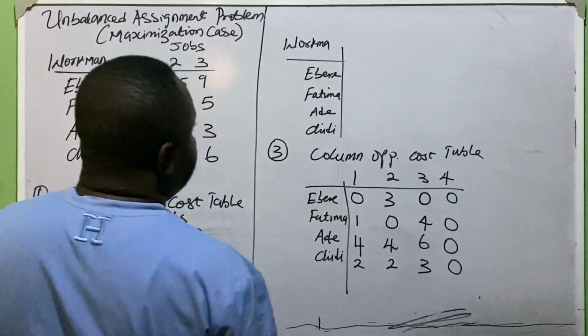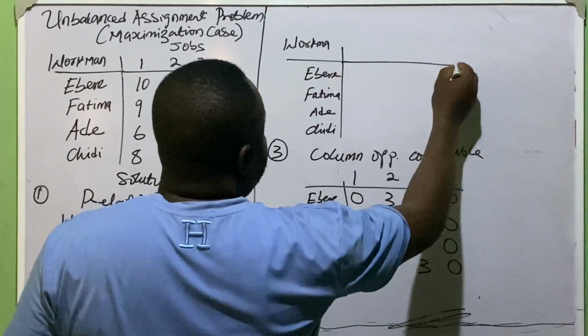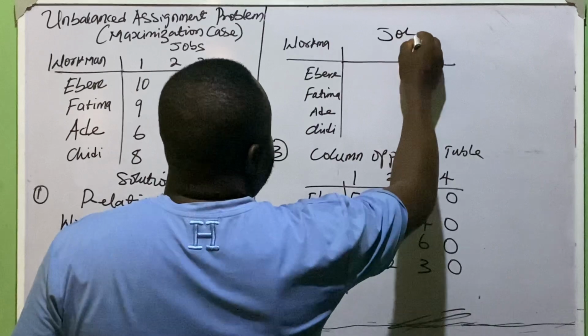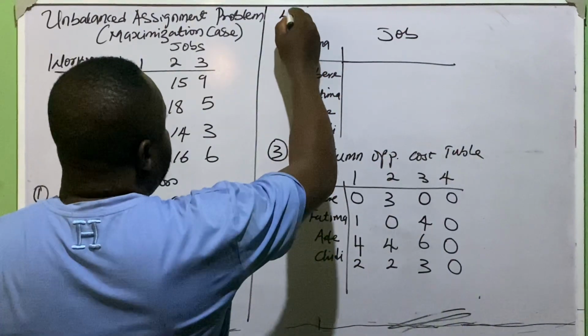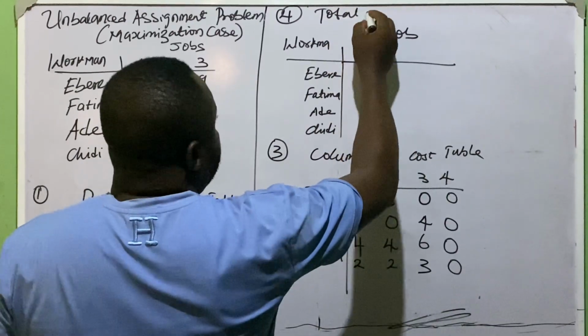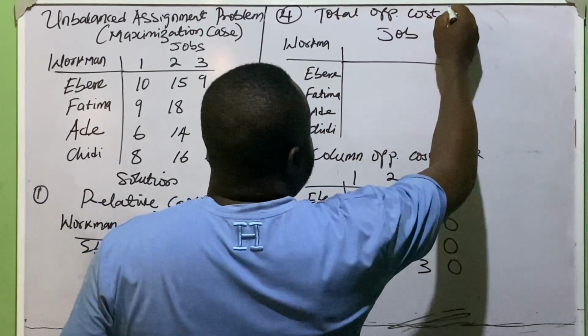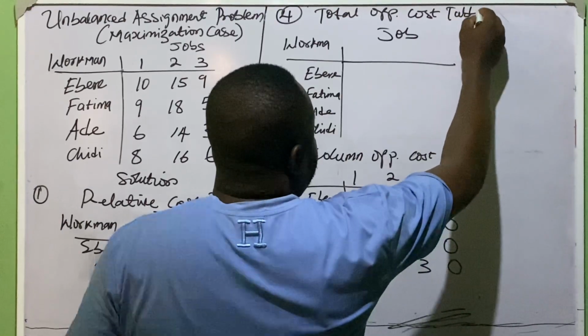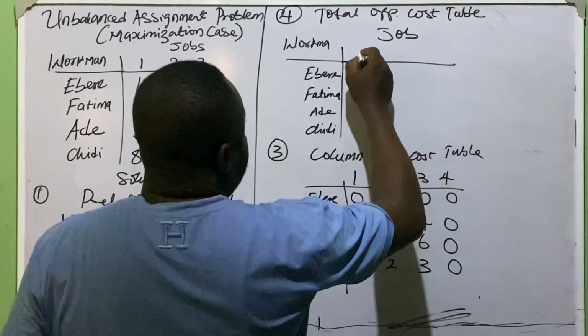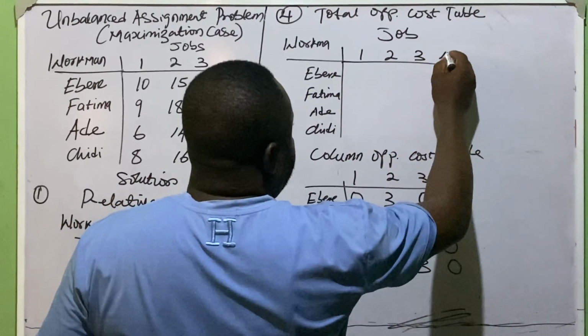This is now the total opportunity cost table. Have 1, 2, 3, and 4.